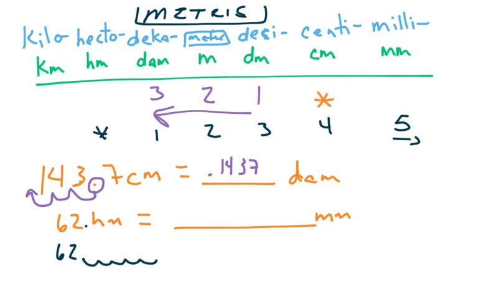I have to fill in those egg cartons with eggs, or zeros. So I have 1, 2, 3, comma, 1, 2, 3, comma. So 62 hectometers is 6,200,000 millimeters. That's a lot of millimeters. Okay. And that's how you do your conversions there.